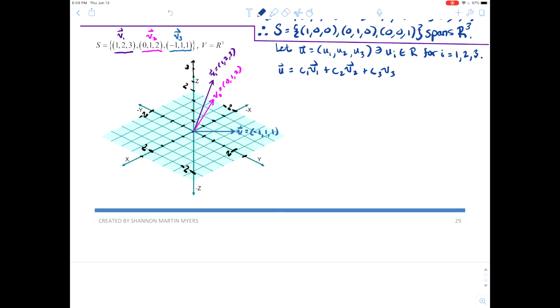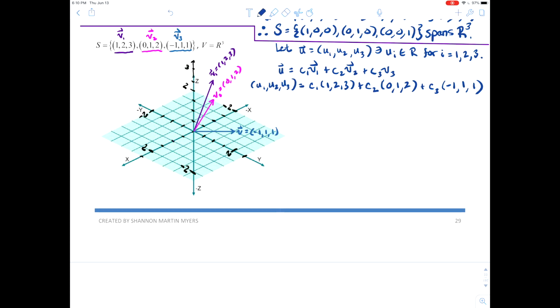And then, plugging in what we know, U is U1, U2, and U3 in component form. And then we'll have C1 times 1, 2, 3 plus C2 times 0, 1, 2 plus C3 times negative 1, 1, and 1.